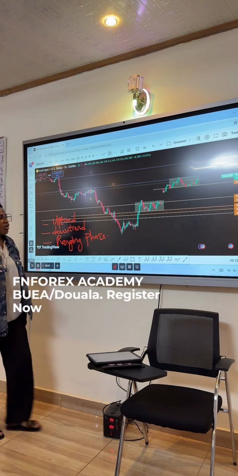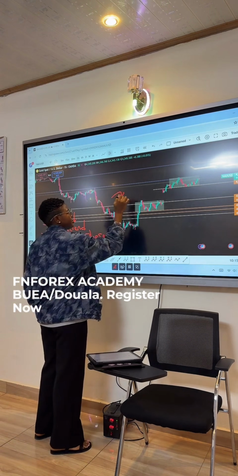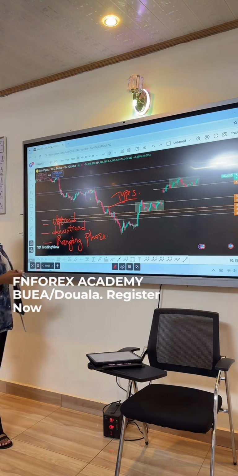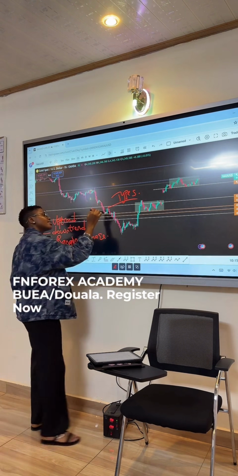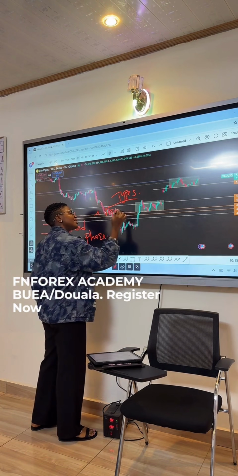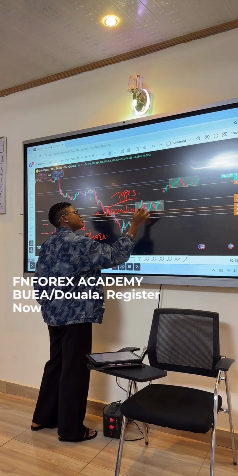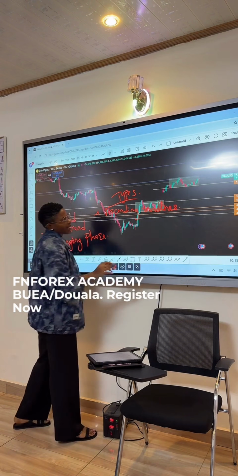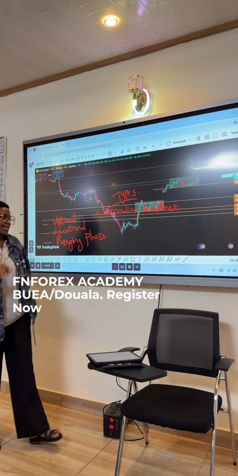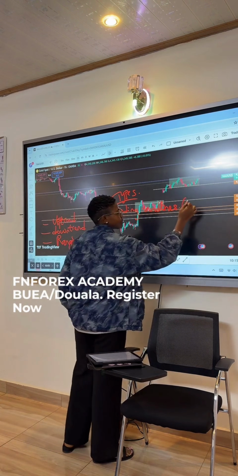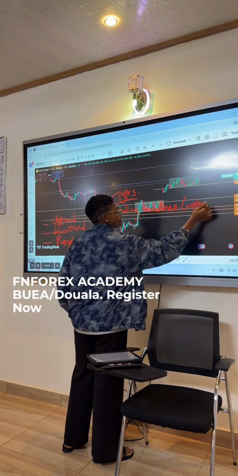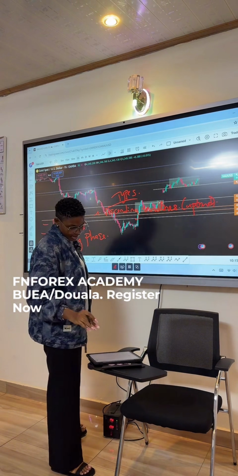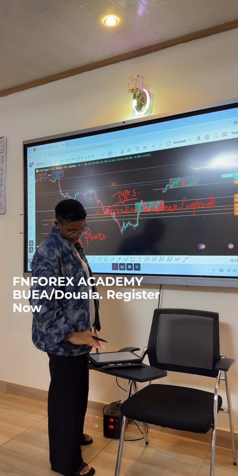The next we have types of trend lines. The first, ascending trend lines, in bracket, uptrend.